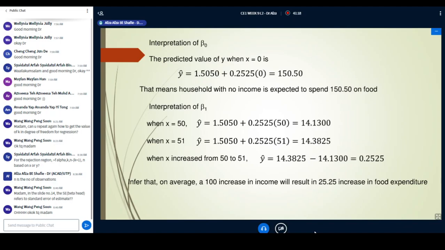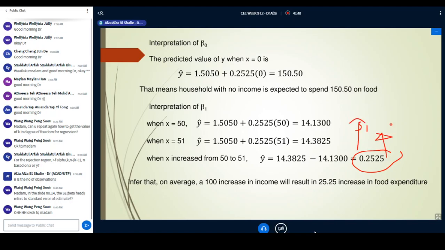Now when I want to look at the interpretation of beta 1, I just take a value, it does not matter, 50, 51, 45, 60, whatever. I just take 50 and 51. So when my x increases from 50 to 51, my y will increase by 0.2525, which is the slope that I get, which is actually the value of my beta 1.